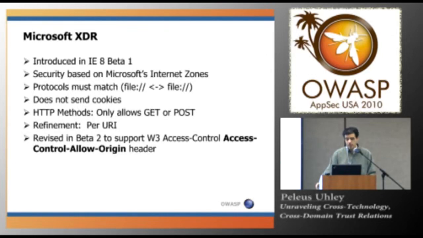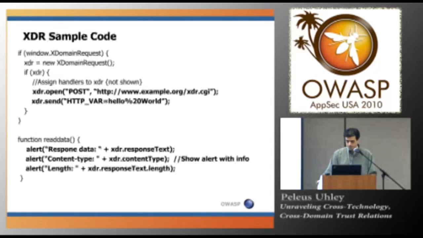Again, it's per URI, and it uses a header to inform the browser whether or not it's allowed to share the response data. So they originally had their own header, and then in IE8 beta 2, they transferred over to using the Access-Control-Allow-Origin header from the W3C just to make it a little more consistent, even though the JavaScript calls are slightly different.